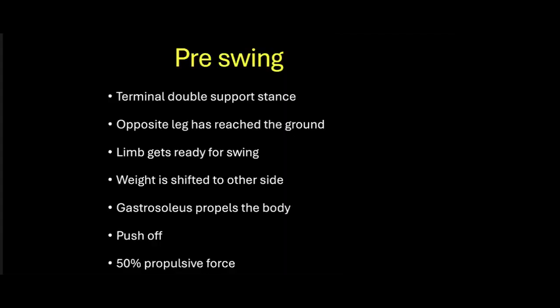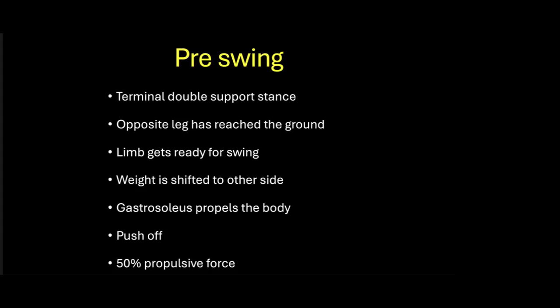Okay. So now we will discuss the last phase of the stance phase, which is the pre-swing. Let us see what exactly happens here. During pre-swing, we will have our terminal double support stance period, which means that the opposite leg has reached the ground and the ipsilateral limb is getting ready for swing and the weight has shifted to the other side.